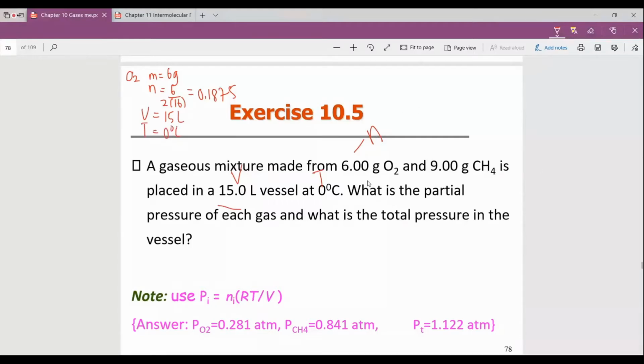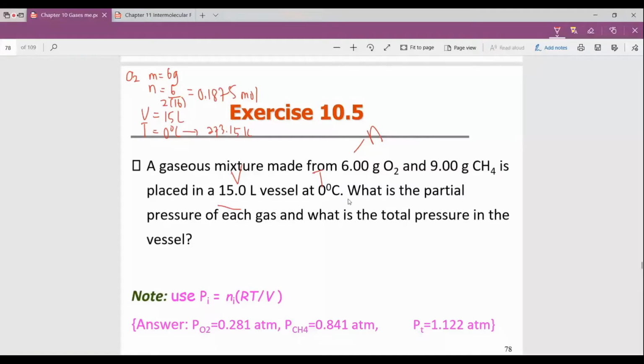You need to change degrees Celsius to Kelvin, which is 273.15 Kelvin, because we use R value 0.0821 atm liter over mole Kelvin. Then you need to change all the variables into the right units.